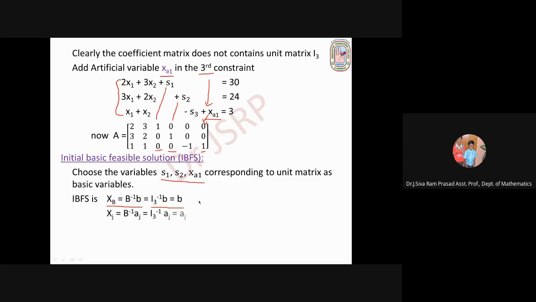The column vector capital Xj equals capital B inverse Aj, that is I3 inverse Aj, and the scalar delta j equals CB Xj minus Cj. These 3 steps are the same for every problem. You have to calculate this column vector Xj and scalar delta j for each variable, so we write in tabular form.